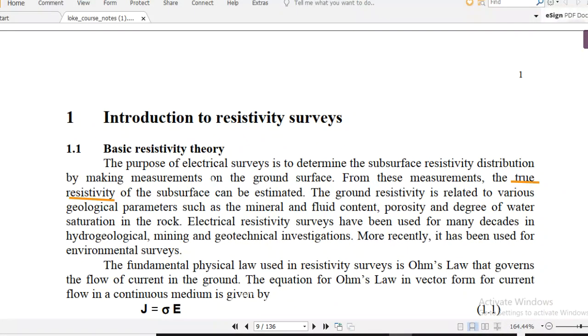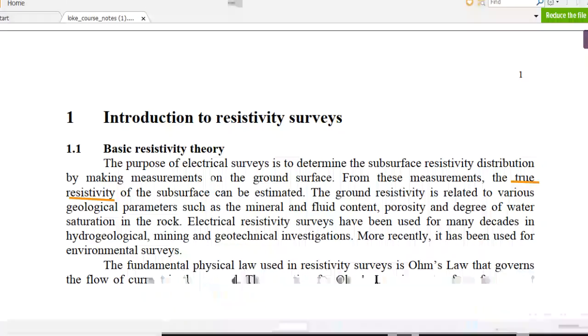The ground resistivity is related to various geological parameters. When you say ground resistivity, it is not characterized only by the geological formation type, but also by different geological parameters, for example the mineral content, the fluid content, the porosity, and the degree of saturation in the rock.